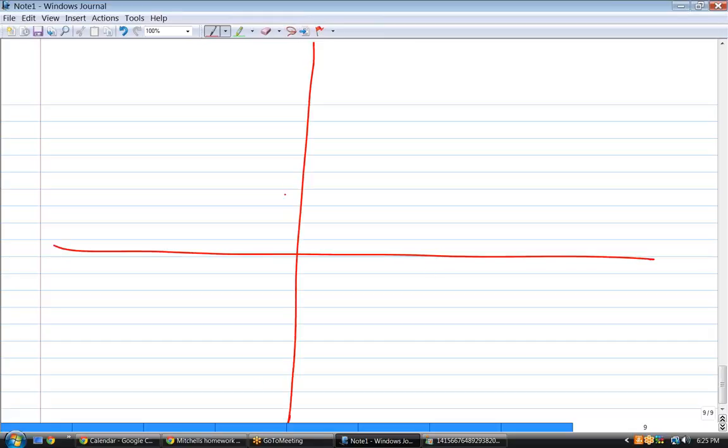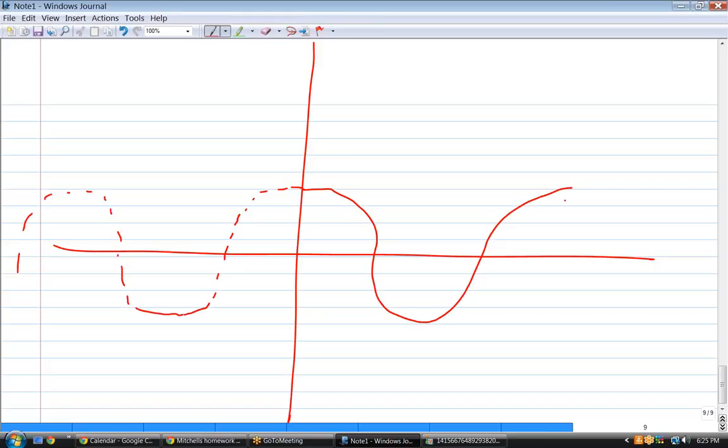You haven't had much trig yet, have you? No. Well, the cosine function looks like this, only it actually goes on forever in both directions. Is this function even, odd, or neither? Neither?